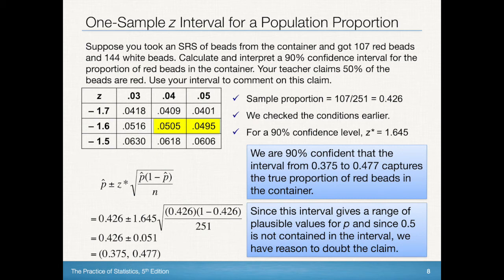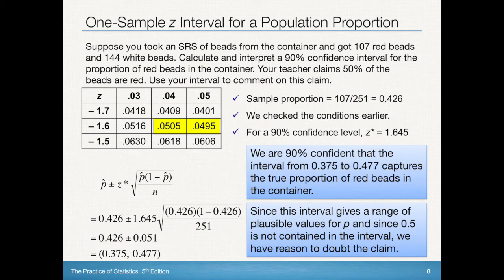So this is an important element to this confidence interval calculation, is that we've satisfied conditions, we've now done the calculations, we've now stated the conclusion to the proper scripting, and then if we have a subsequent question like your teacher claims 50% of the beads are red, use your interval to comment on this claim. Now we have the interval.